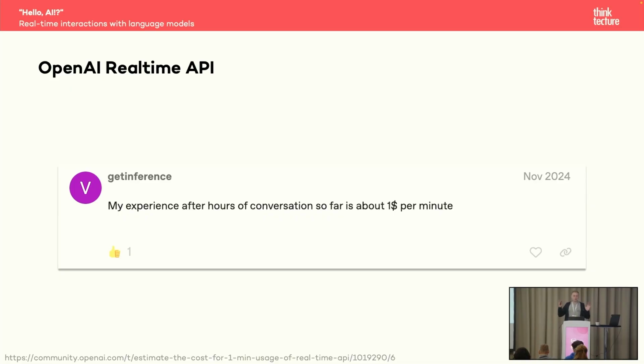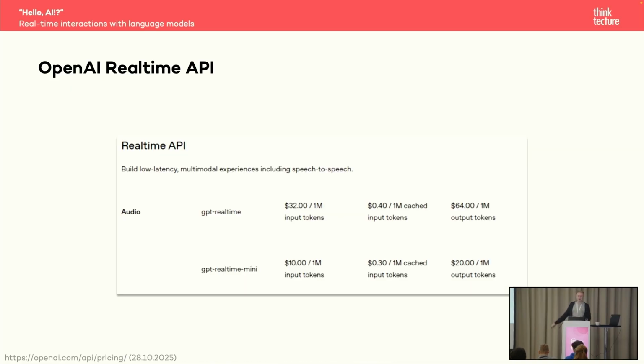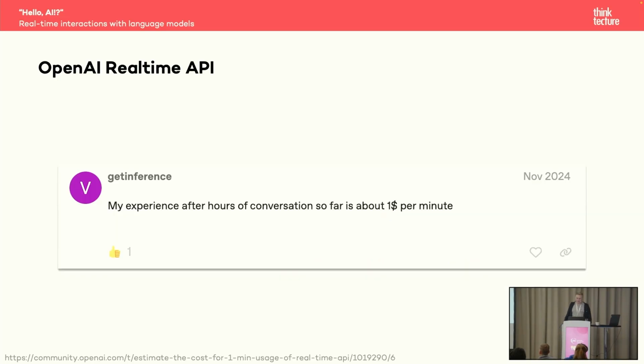That would have to be weighed against it. I'm also not sure if it's still the case, especially whether it was for the real-time or the mini real-time model. So it may vary, and you should have a look at that yourself and validate how much it is.